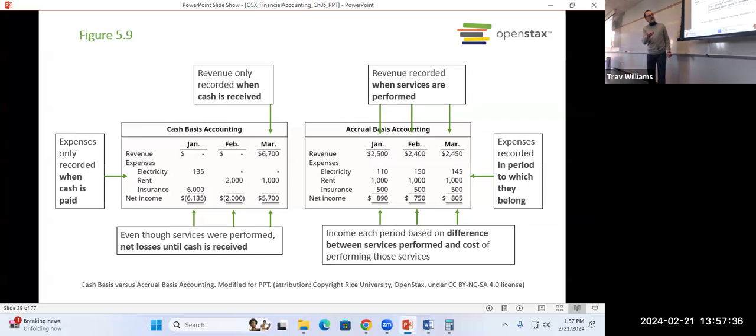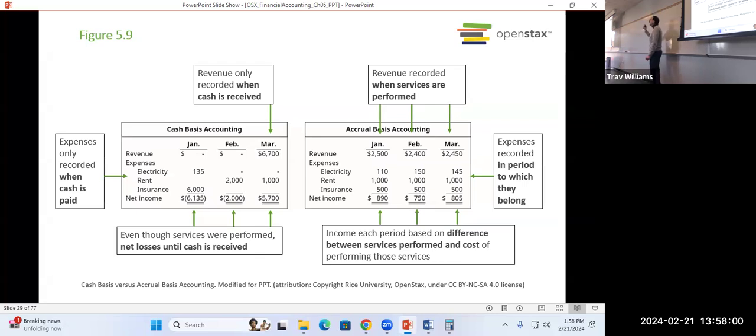And that's because their revenue is fairly stable and their expenses are fairly stable. And so the results that it gives also are fairly stable. Now, this accrual basis is giving us an accurate representation of what's going on with the company.